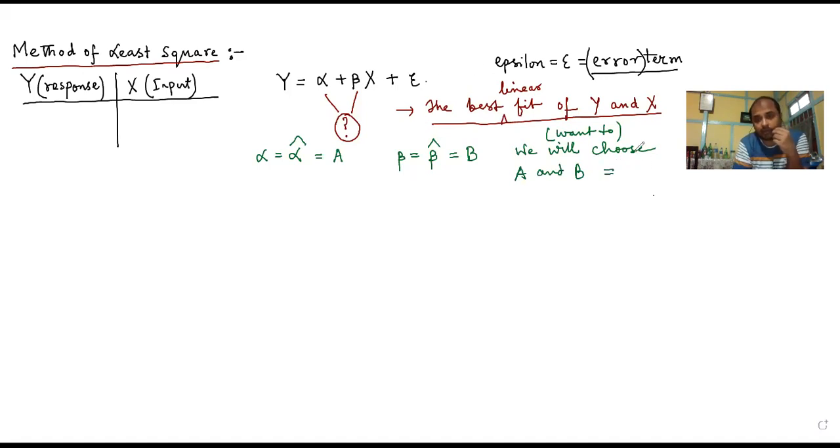that the square of the sum of the error terms is minimized. We want to do this in such a way that the square of the sum of the error terms is actually minimized. Now, why do we need to calculate the square of the sum of error terms?